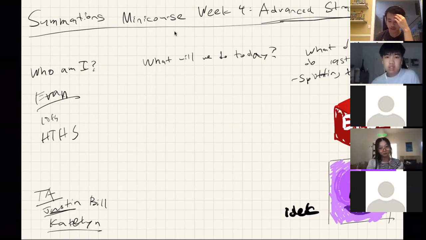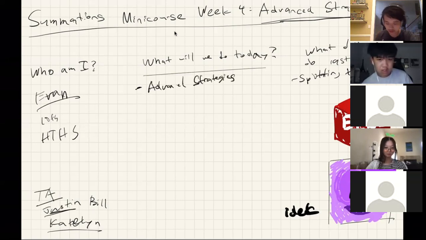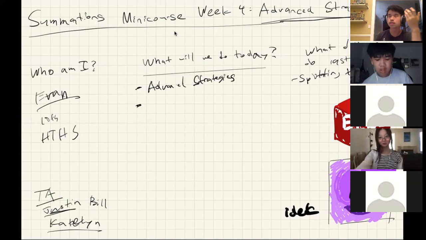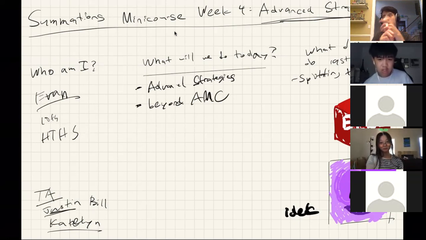And so now what will we do today? Today we'll be learning about some advanced strategies, but what are these advanced strategies, right? The stuff that I'll be covering today is a little bit beyond AMC. For AMC, almost everything you need to know, we've already taught you in the first 3 classes, which is just your basic arithmetic and geometric sequence formulas.